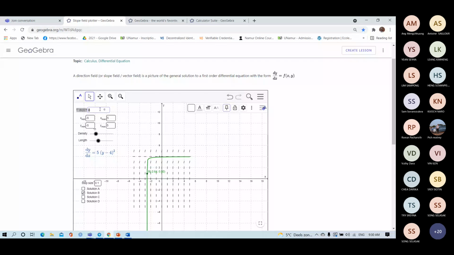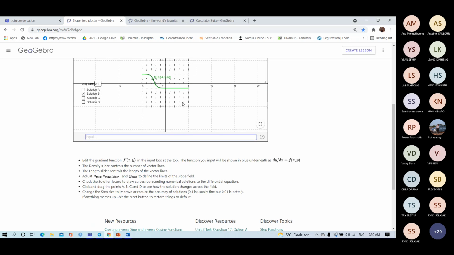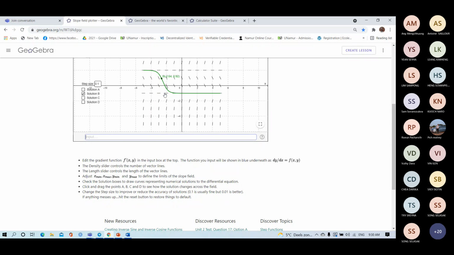So we have y minus 2 multiplied by y plus 1. What is the result here? We have two answers, right? One is y equal to minus 1 and the other is y equal to 2.